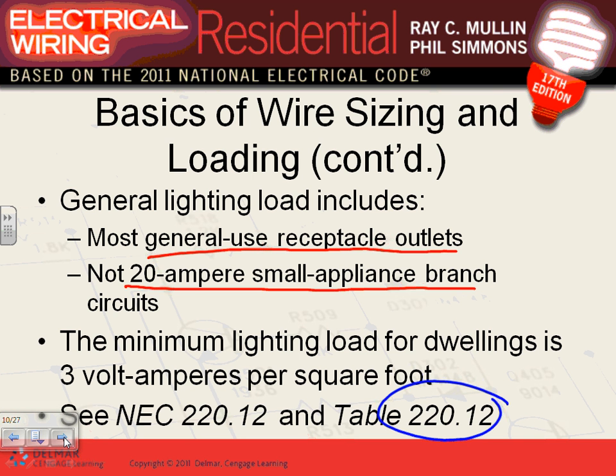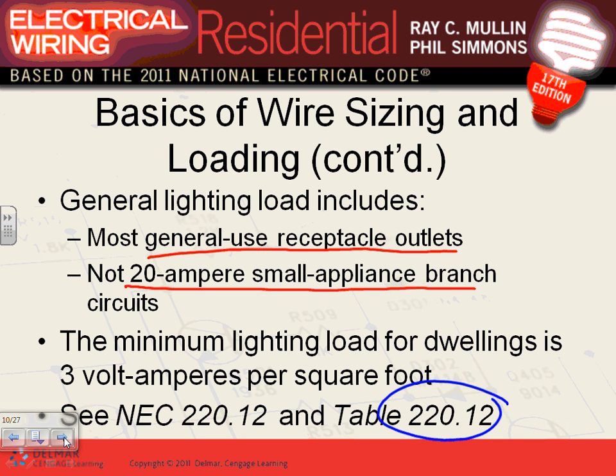The code allows 3 volt-amps per square foot for general lighting and general purpose receptacles. That will cover almost all the lights and almost all the receptacles, except specific receptacles or lights that are allocated in the code. I'm going to walk you guys step by step through how to do the calculation, what counts as part of the 3 volt-amps and what's not.